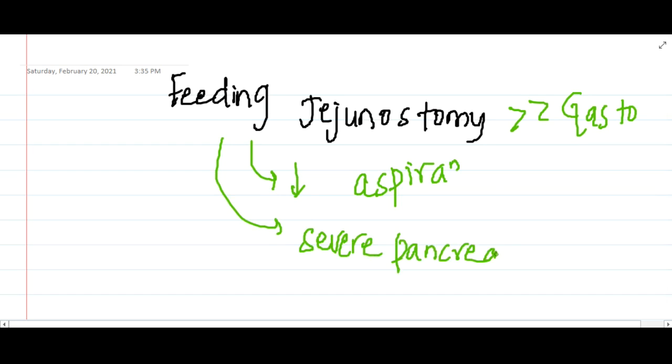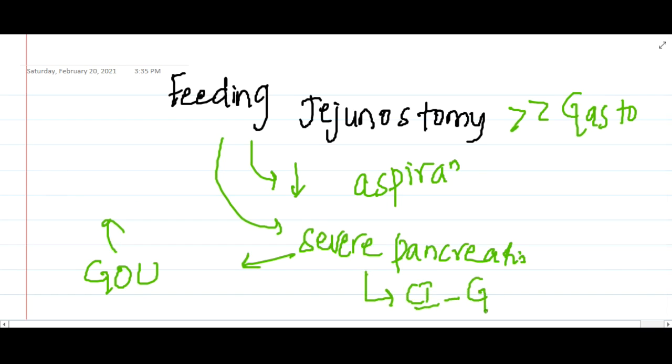Remember, in severe pancreatitis there can be gastric outlet obstruction. So even if you put a feeding gastrostomy, the obstruction is at the outlet of the stomach. As a result, in severe pancreatitis gastrostomy is contraindicated.